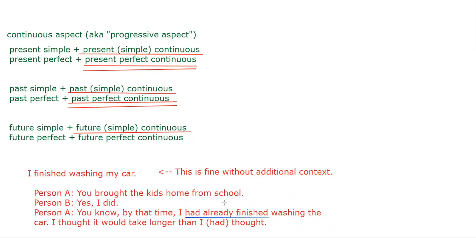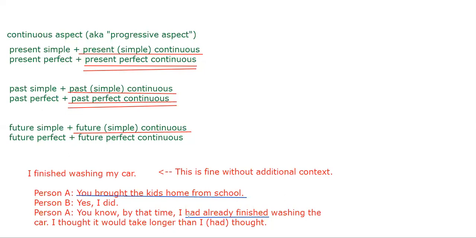Like I don't have something that says, I had finished washing my car when the kids came home. I didn't put the when the kids came home there because the context here made that already clear. So you can see that the past perfect doesn't always require that something be connected to it. Sometimes the context can provide that extra information that's needed. So the past perfect can sometimes stay alone by itself, but only if there's additional context. So here you can actually have the past perfect by itself. I had already finished washing the car. There's nothing else.